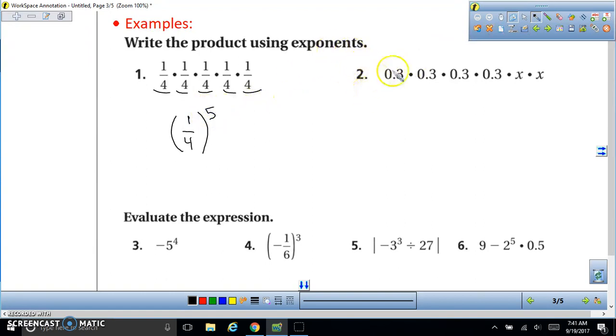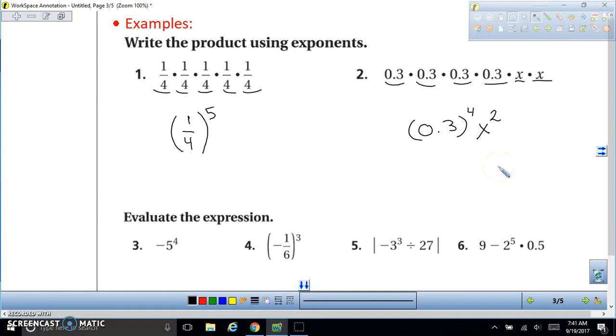Okay. 2, we have 0.3 being multiplied 1, 2, 3, 4. So 0.3 is our base, exponent of 4, and then we have x being multiplied 1, 2 times, x squared. So that's how we can rewrite them.